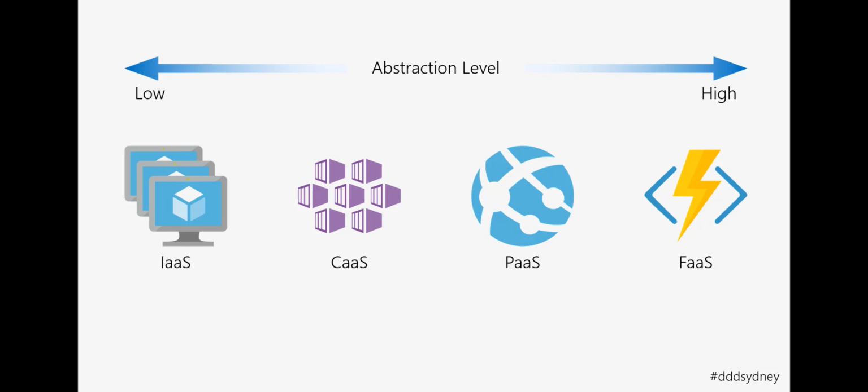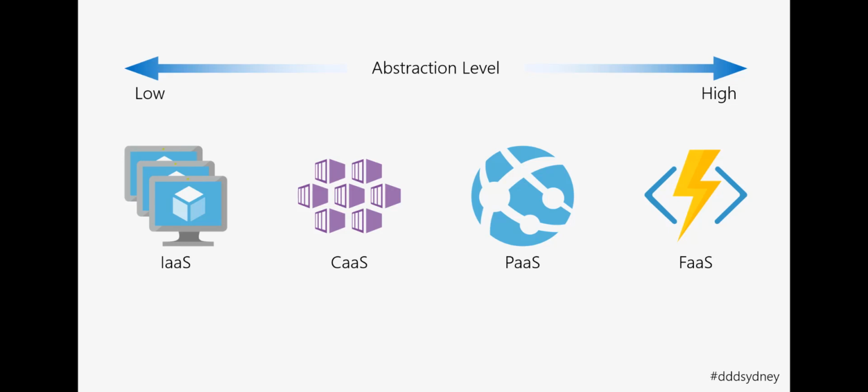We have to deploy virtual machines. We have to deploy the network interface. We have to set up all the firewall rules, et cetera, et cetera. Then on the container as a service side, the abstraction level is very low in the virtual machine. Then the basic operating system is abstracted in container as a service.